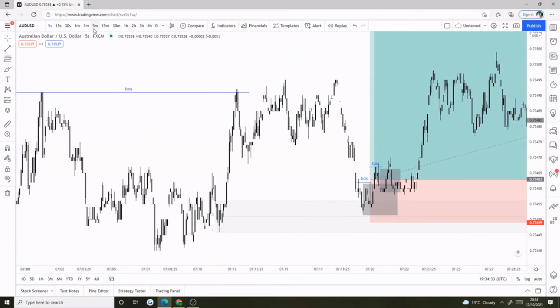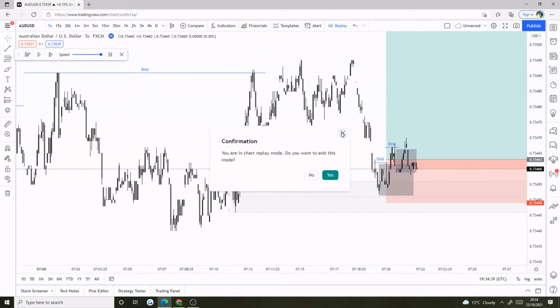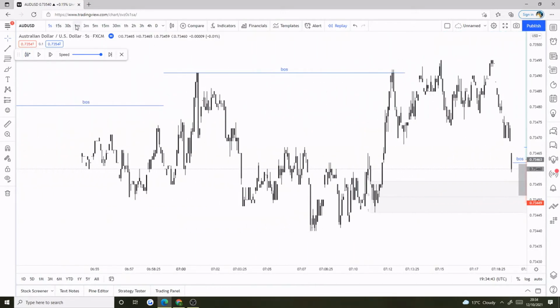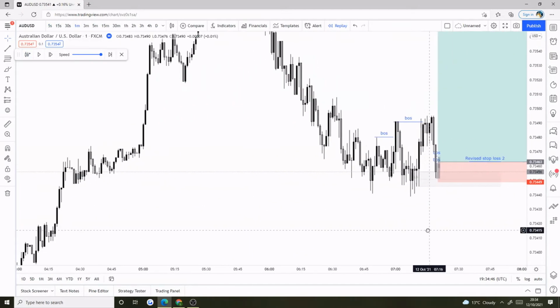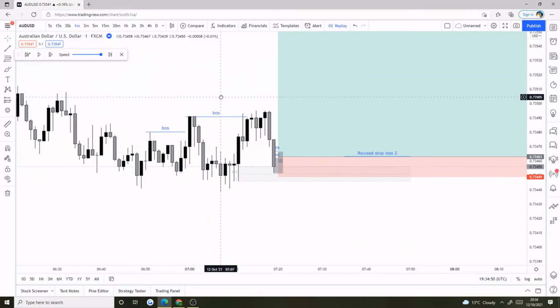So what we can see, and I'll just jump onto bar replay for this. I'll walk you guys through it completely. So on the 1 minute, we've got the same structure that I marked on the other chart, and then we've got the point of interest here.